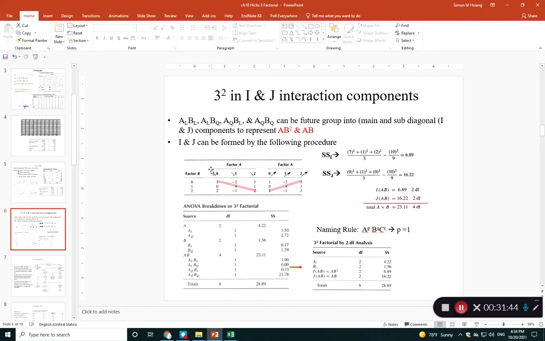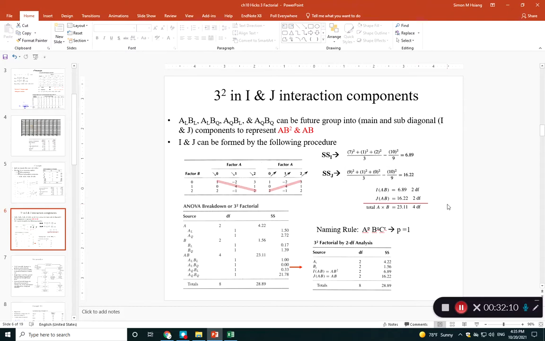If I go for the main diagonal of that 9 degrees of freedom, it is 1 plus 4 plus 2, that's 7. 2 plus 1 plus 2 is 1 square. So I can go main diagonal, figure out the main diagonal sum of squares, and then I can go subdiagonal and have a subdiagonal sum of squares.